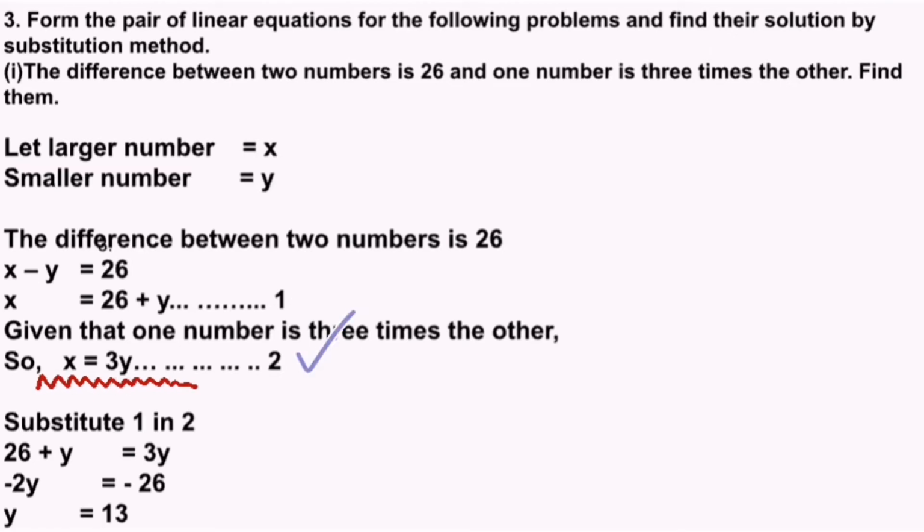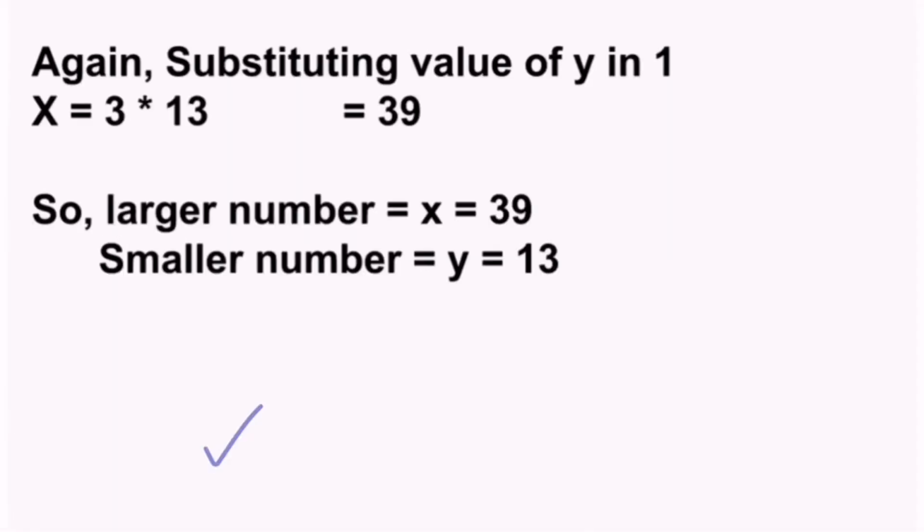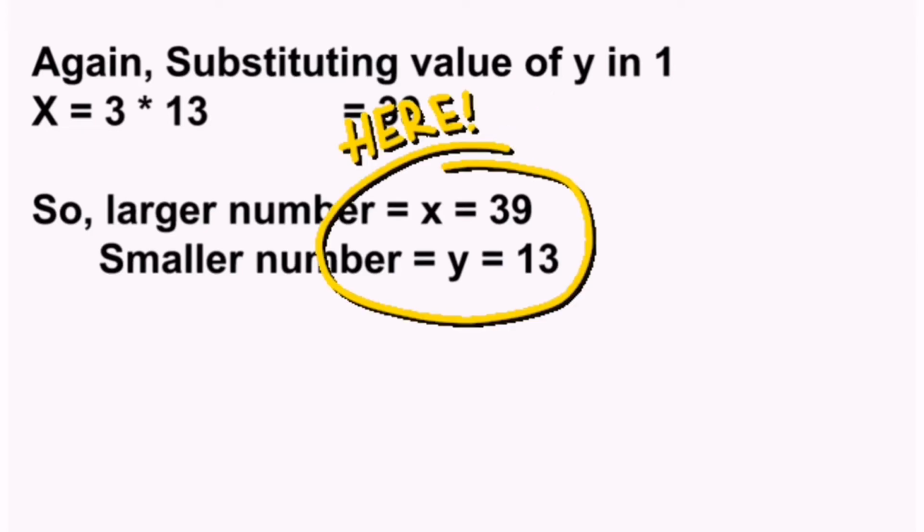It will be equation 2. Then we will be substituting x from equation 2 in equation 1, then finding y as here. Then we will be substituting the value of y in 1 and finding x, and we have now found the larger number, which was x, as 39 and the smaller number, which was y, as 13.